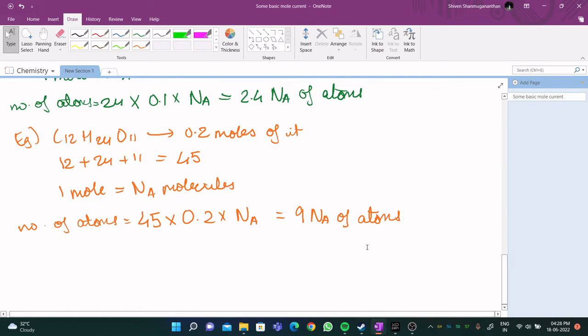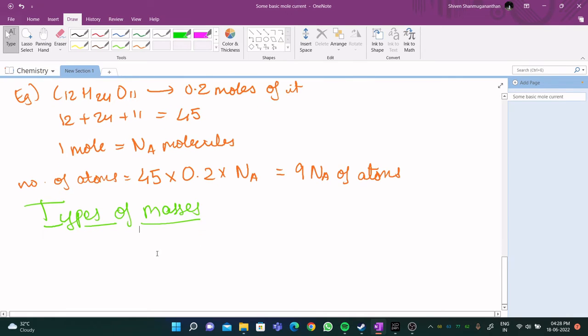Now let's move on to types of masses. This should be pretty simple. I'll choose light green for this. Make a heading here, types of masses. We will start off with atomic mass, as we saw earlier.